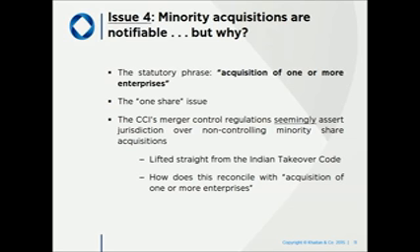Luckily, the CCI has moved on from that, but the problem is that the CCI's merger control regulations don't seem to adequately address that phrase in bold in the first bullet point, acquisition of one or more enterprises.